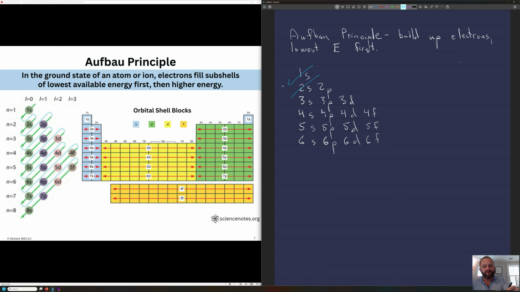So then we have 2S, 2P, 3S, 3P, 4S, and then this is kind of a longer one, 3D, 4P, 5S. That's not a very straight line. I can do better. And then 4D, 5P, 6S, and so on, right?